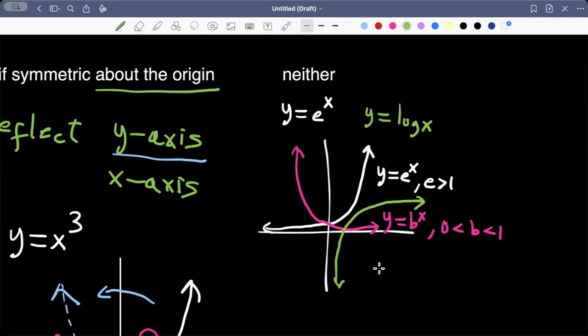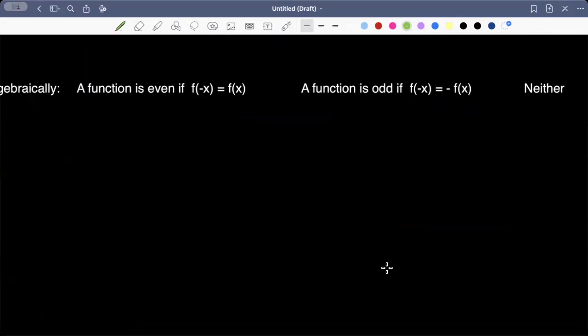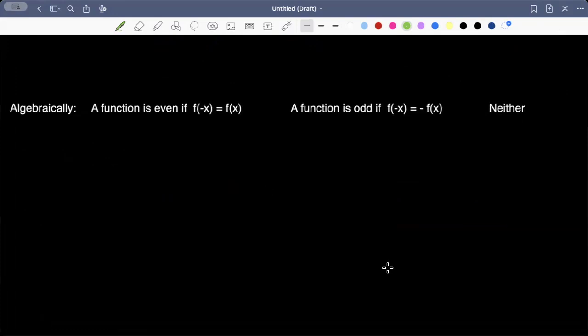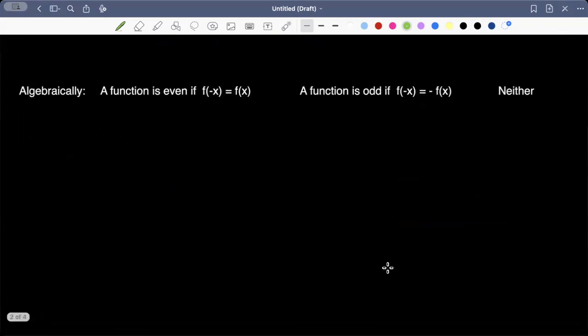Now, this is a graphical way of looking at it, but we could also do these algebraically. The algebraic definition of being even is that when you change x to a negative x and you simplify that expression, at the end, it's going to come out the same as the original.